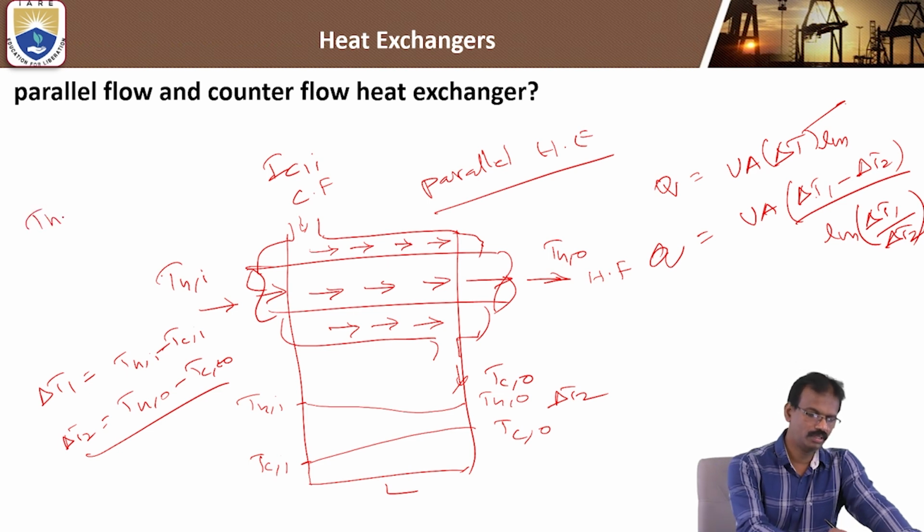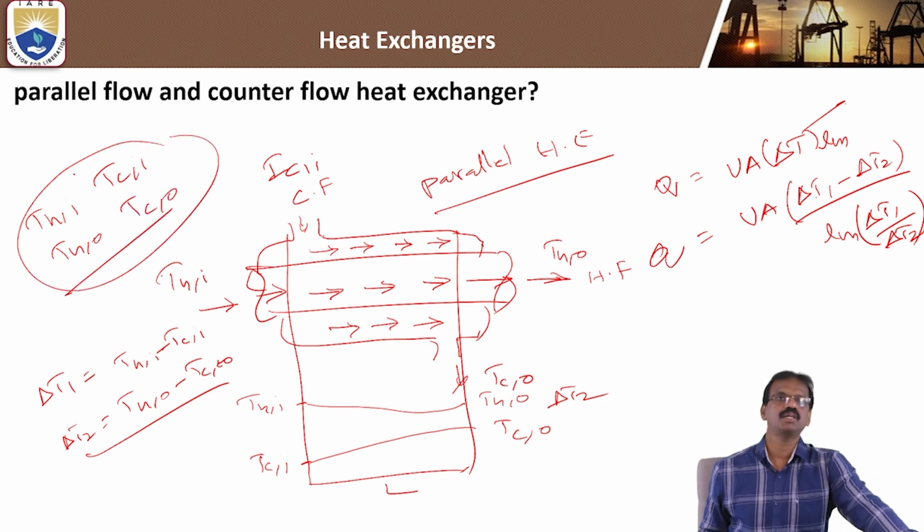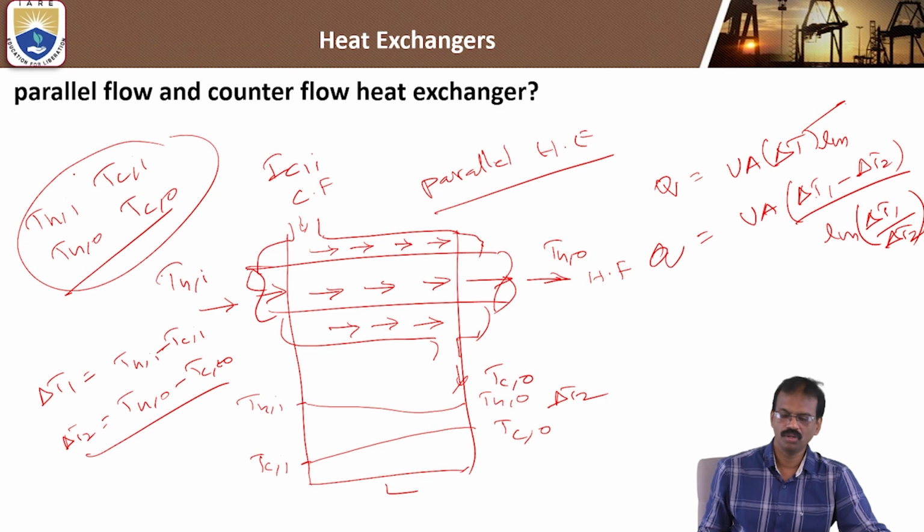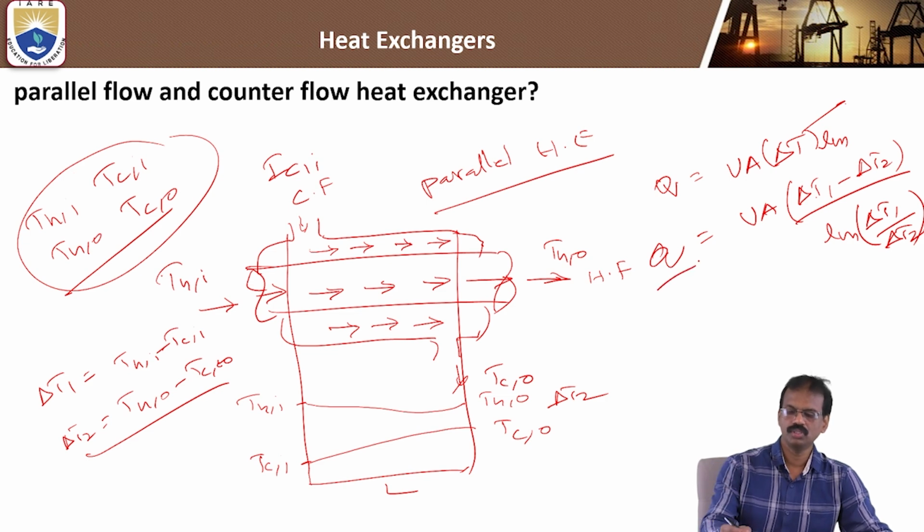We require the THI, we require the THO, we require the TCI, we require the TCO also. Without these parameters, we can't solve the rate of heat transfer through this method. Okay. If sometimes the outlet temperatures are not given, then you have to go to another method. We will see what is the importance of that one also.